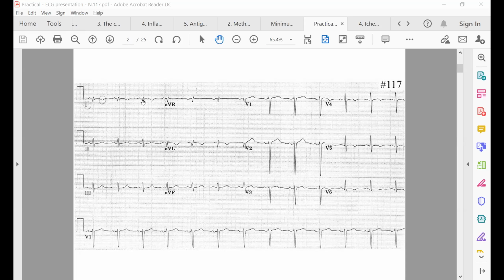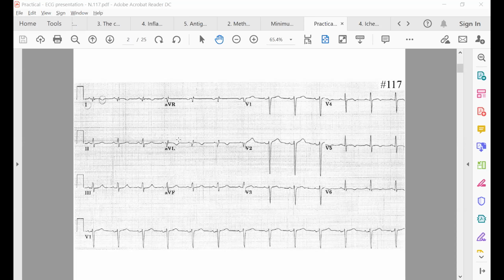Well, in 1, it appears to be a pathological Q wave. I didn't pick that up because I didn't see a pathological Q wave in any of the other leads. And if you do see it in lead number 1, which other leads do you have to look at immediately? Which are the surrounding leads? Lead number 3? Nope. High lateral. Which are the high lateral? Somebody says AVL.